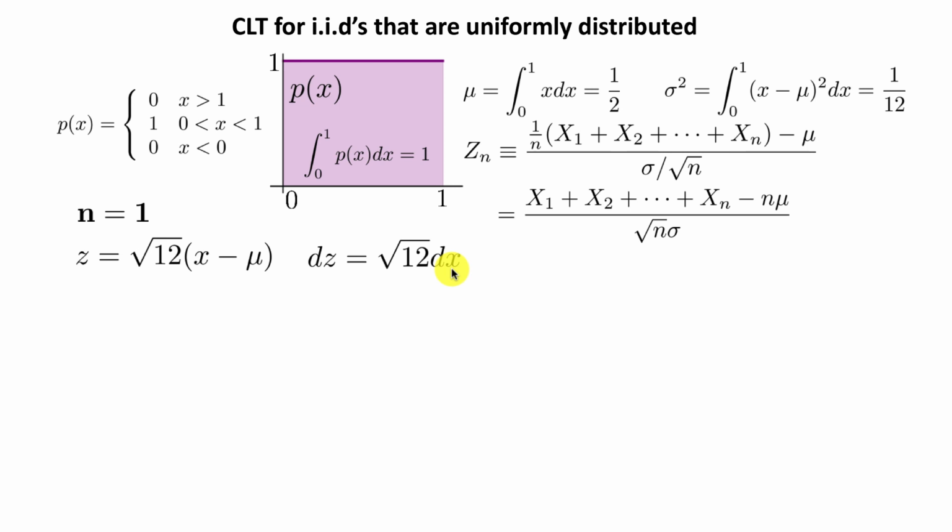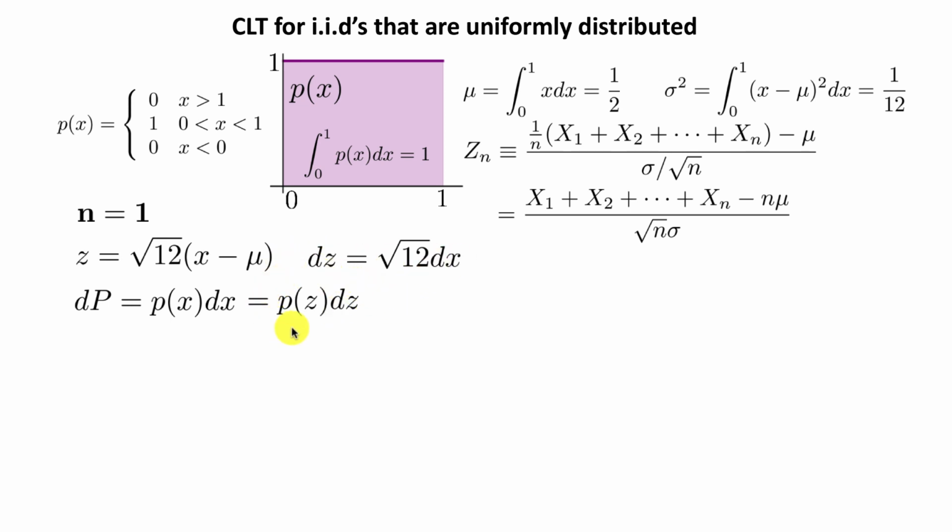Now let's recall the meaning of a probability distribution function. P of x times dx is the probability that x will be found between x and x plus dx. We'll give that a name, we'll call that dp. Now I'm going to change variables from x to z, and that simply means that instead of expressing p as a function of x, I'm going to express it as a function of z. Instead of dx, I'm going to write dz, and of course the relationship is over here.